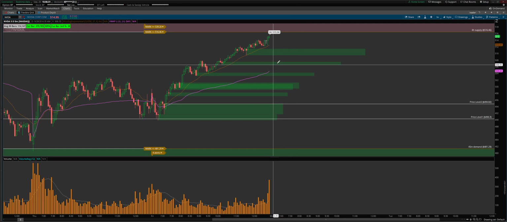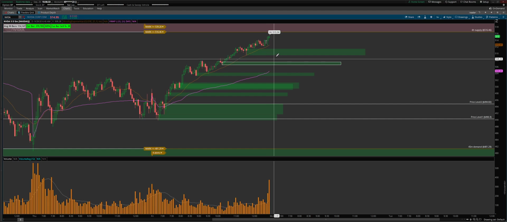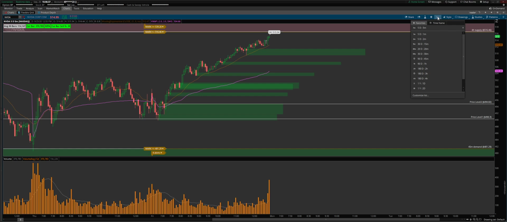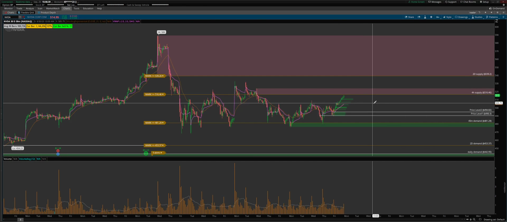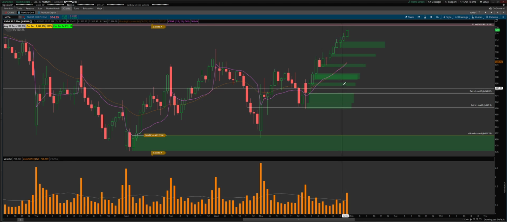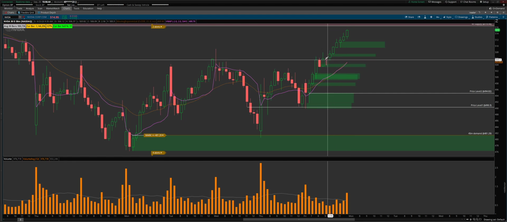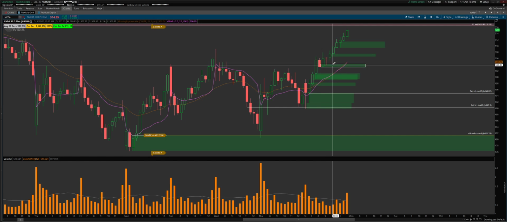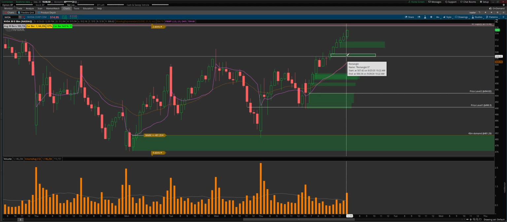So I wouldn't be playing any of these into the coming days. I would look to see where BA formed a higher time frame demand zone. Probably I'd be looking at this right here. So I wouldn't even draw this one.